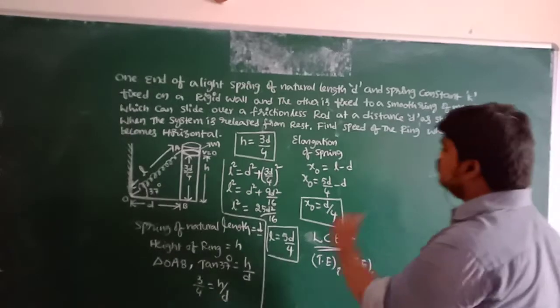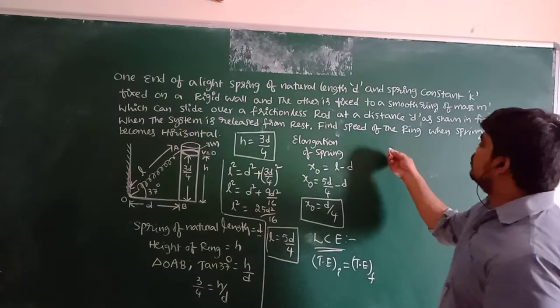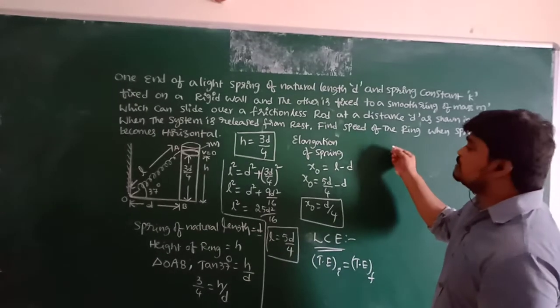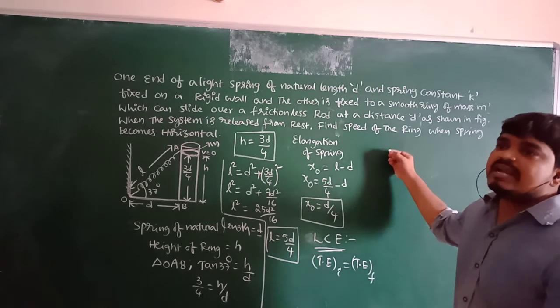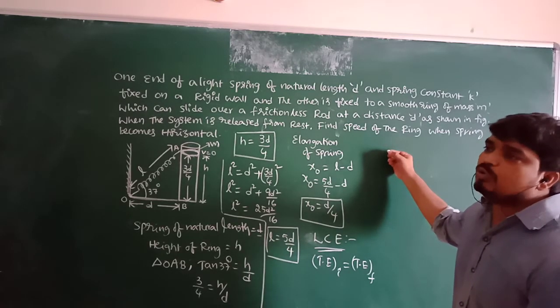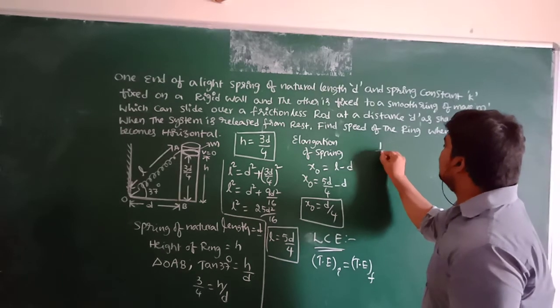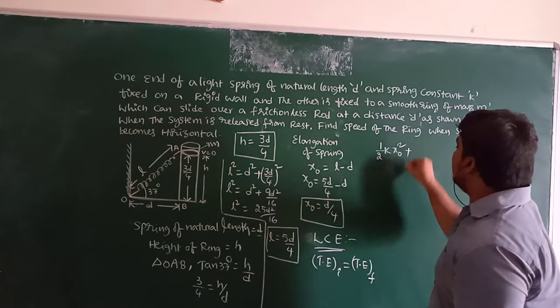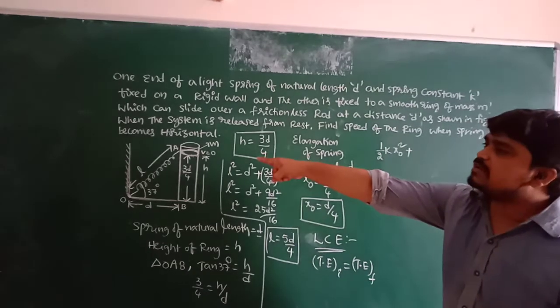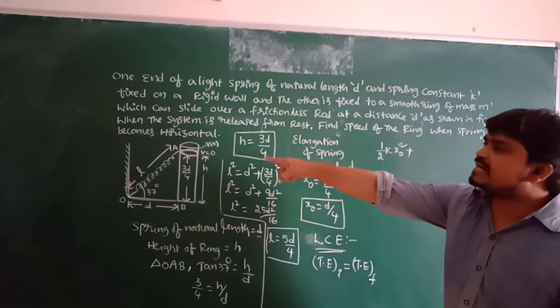Now the initial energy is equal to the energy possessed by the spring due to elongation, which we already know is 1/2 k x naught square, plus the energy possessed by the ring at a certain height.